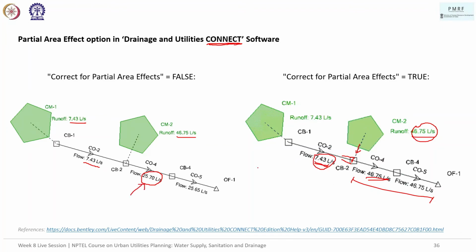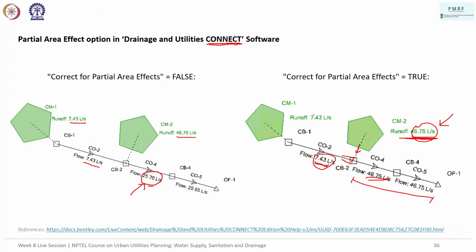So this number and this number are compared, and only if this number is higher, this flow is taken into consideration. If this number ended up being something around 60, then this number will be taken into consideration for the design of the drain from this point. Am I clear? Are there any doubts till now?